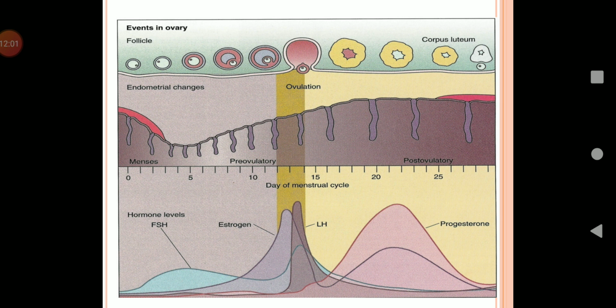And at the bottom of the graph you can see different levels of hormones during the phases, where you can see the follicular phase where the estrogen level rises, produced by the developing follicles.